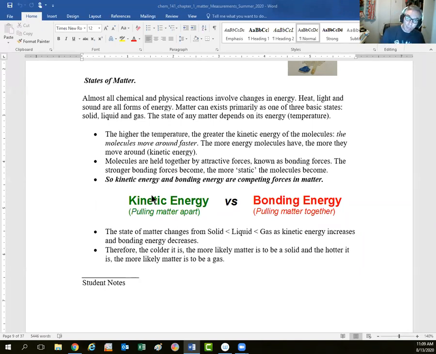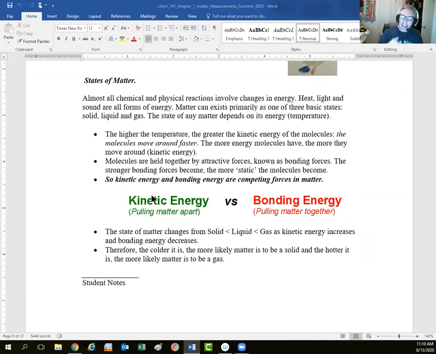And that movement or kinetic energy is very closely tied to the temperature. If temperature increases, molecules move faster and start whizzing around in the room. But as temperature decreases, molecules start moving more slowly. And so the amount of kinetic energy depends on the temperature in the surrounding environment.